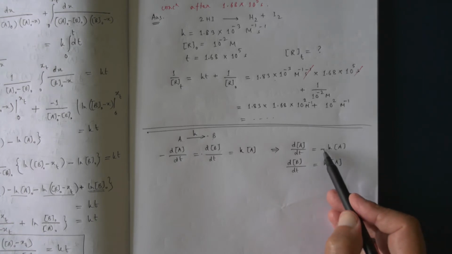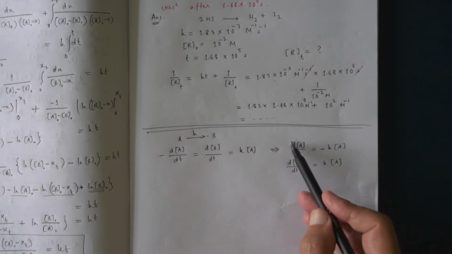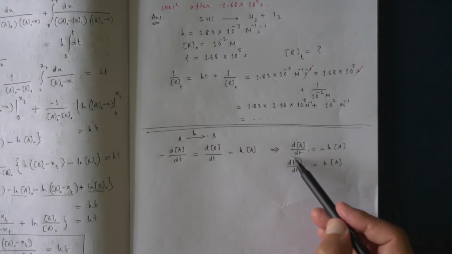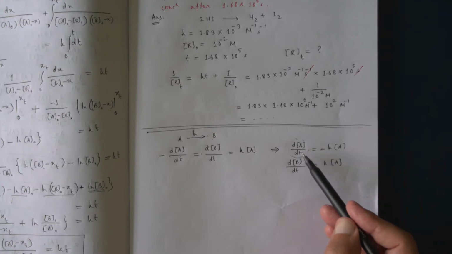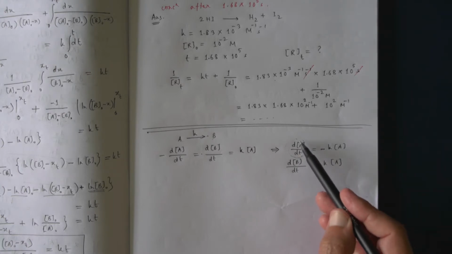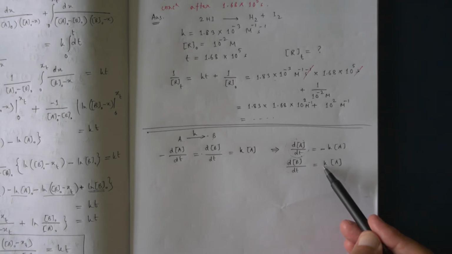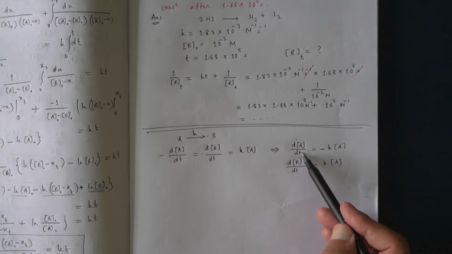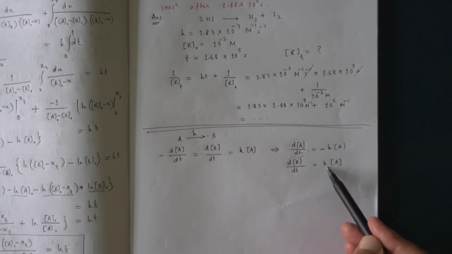This is the difference. Minus sign means concentration decreases. And what does this mean? It gives the change in concentration of A per unit time. This is the change in concentration of B per unit time. Reactant minus, product plus.